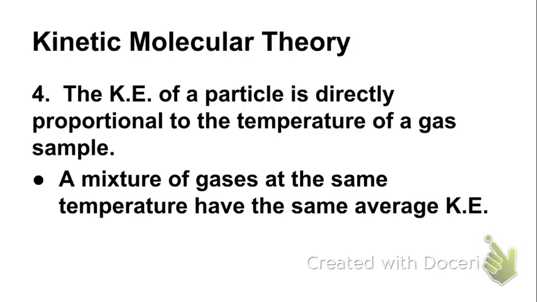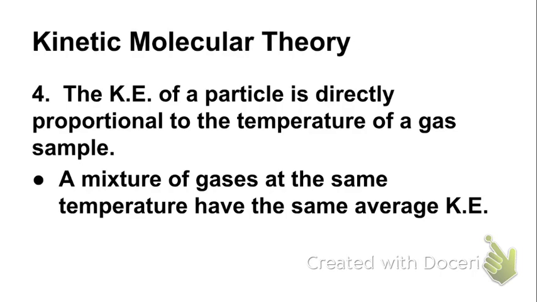So this statement says that the kinetic energy, which is 1/2 mv squared, is directly proportional to the temperature, which means as the temperature goes up, what happens to the kinetic energy? It goes up. It increases. And when the temperature goes down, kinetic energy goes down.